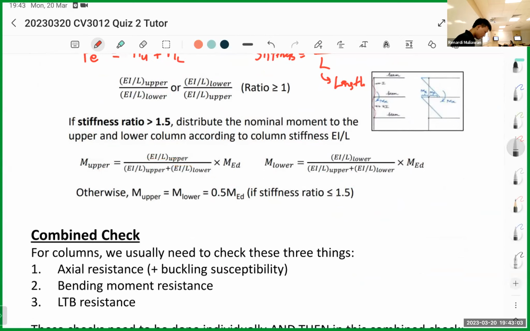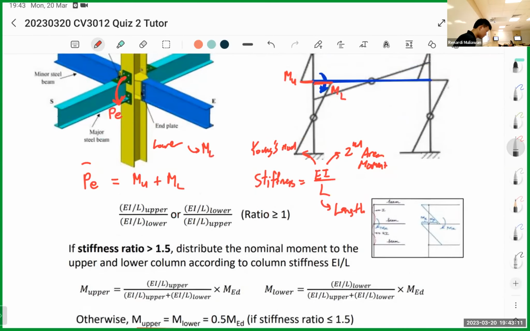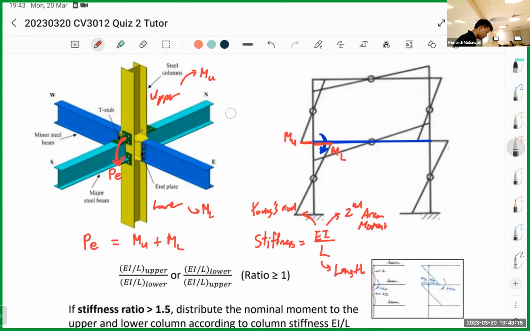However, if your stiffness ratio is less than 1.5, it is okay to assume that it is split half-half. So let's say this is PE. If the stiffness ratio KU divided by KL is less than 1.5, we can just say the moment carried by the upper column is PE divided by 2, and by the lower column is PE divided by 2.